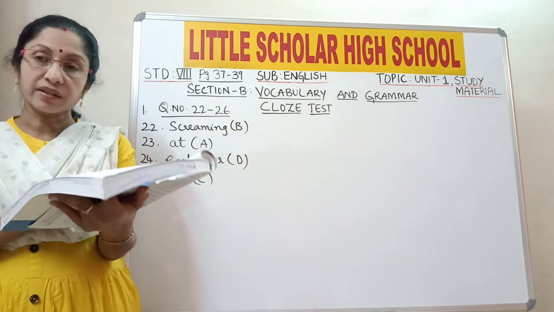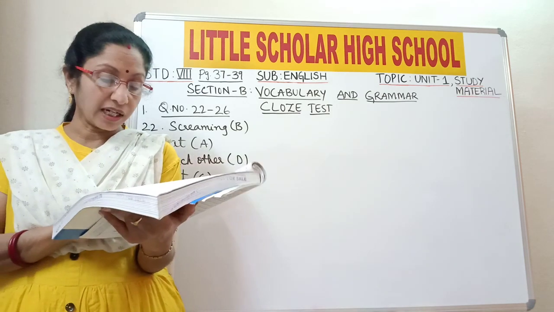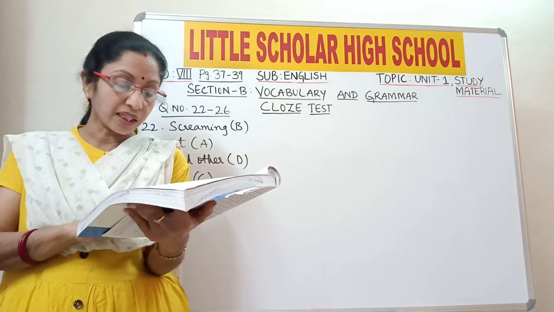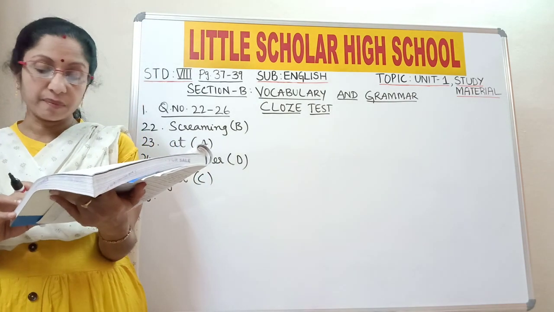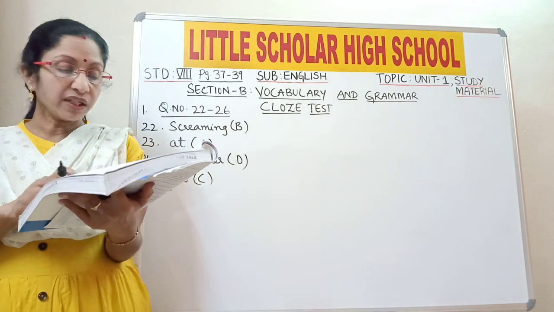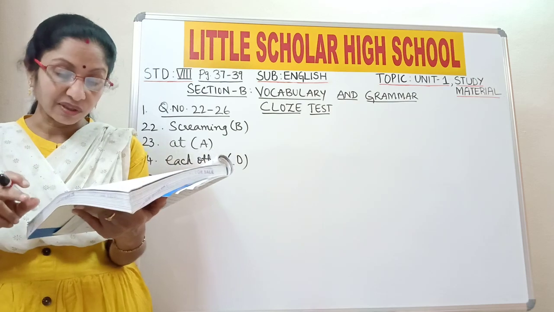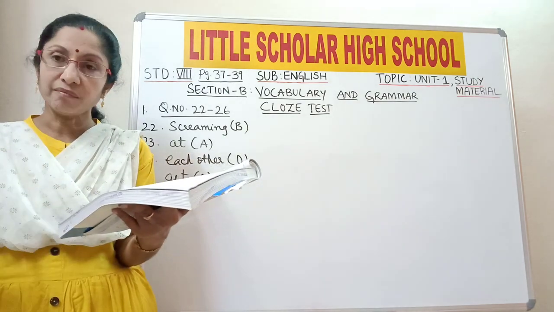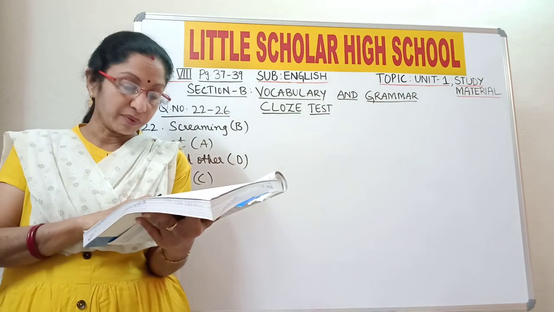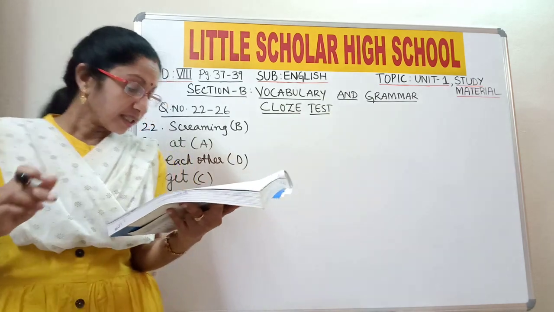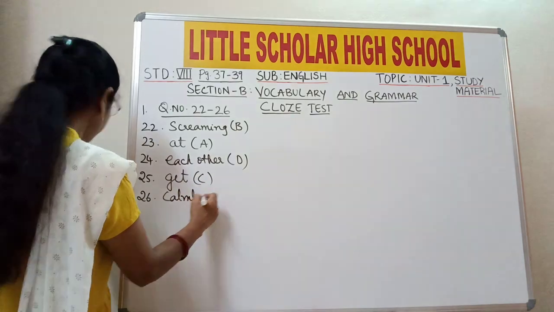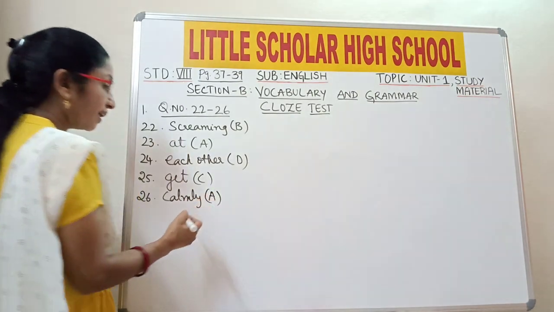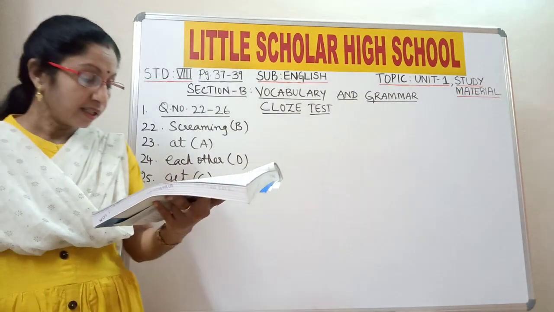So question 26, option A is calmly, option B is calm, option C is calmness, option D is calmed, past tense of calm. So how was she squatting? Squatting is sitting down. How was she squatting? Calmly. So calmly is adverb here. So answer is calmly, option A. It is an adverb which tells us how she was doing the action.